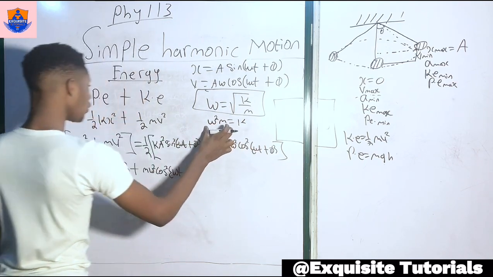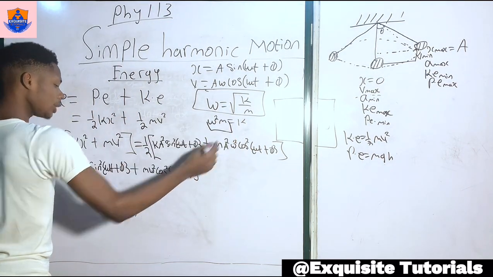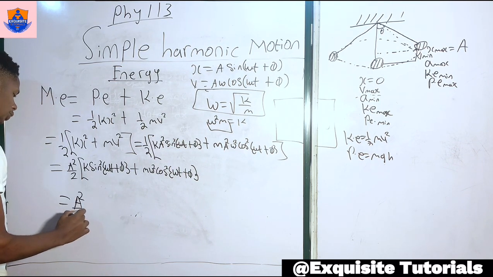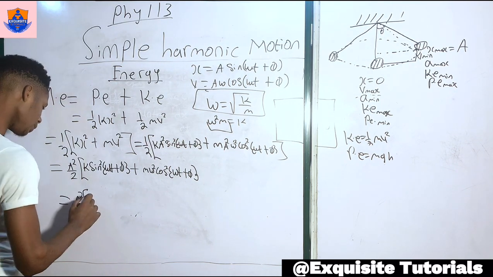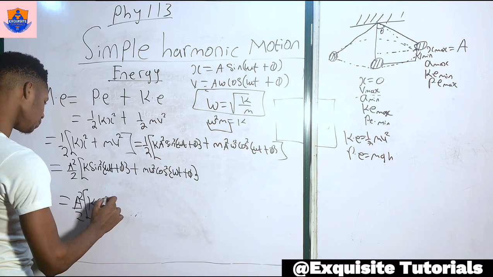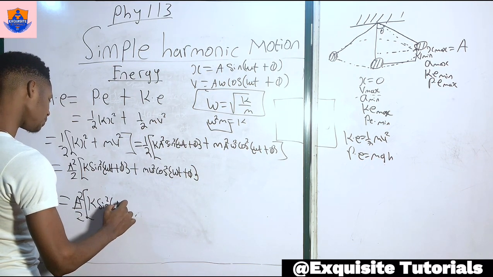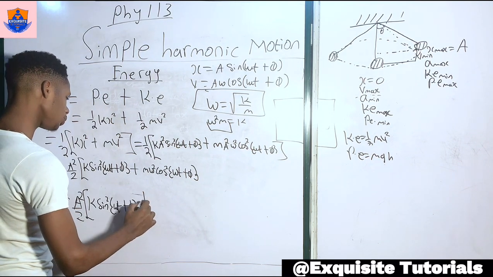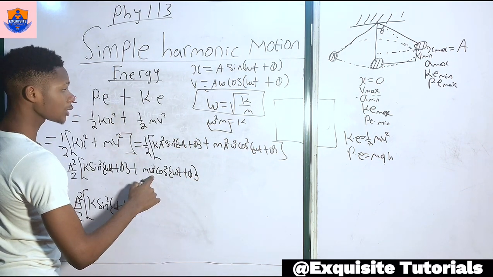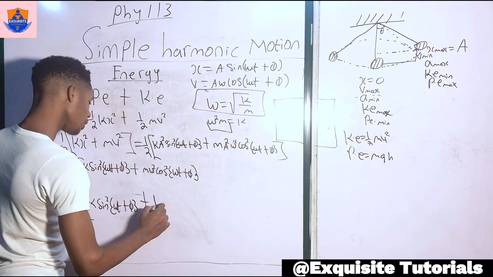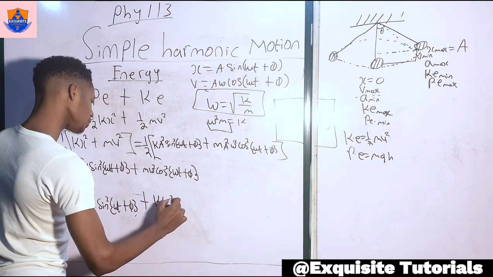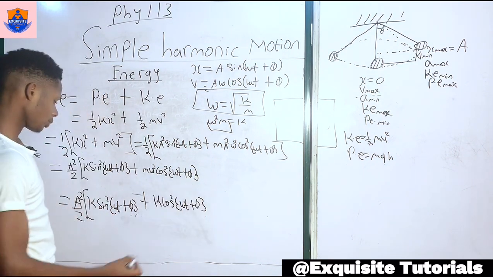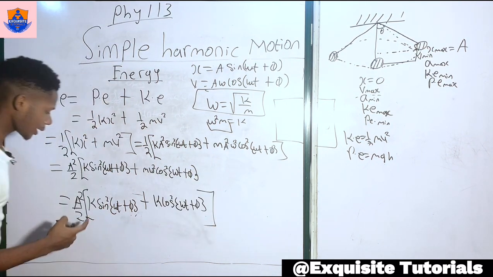Now I want to substitute for omega squared m into this equation, giving us a squared over 2 in brackets k sine squared (omega t plus phi), plus, now m omega squared is k, so I get k cosine squared (omega t plus phi). Okay, now this is the resulting formula.